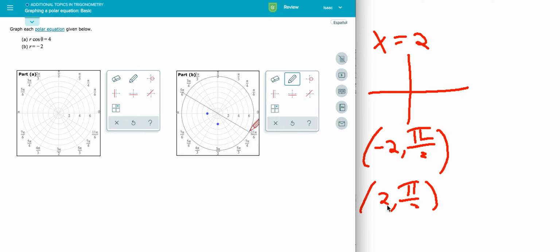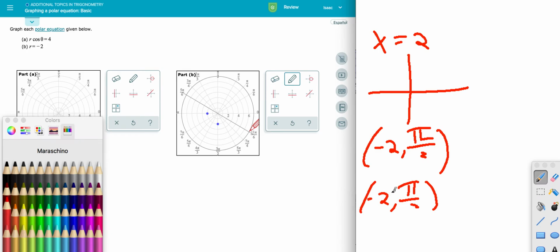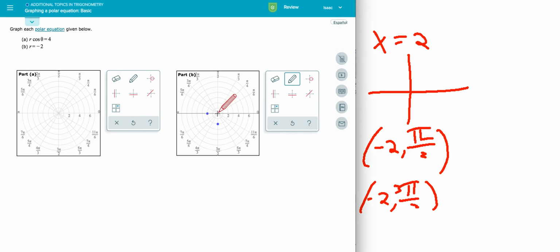But we could also plot this point as (2, 3 pi over 2). 3 pi over 2 is down this way, but -2 means we go the opposite direction. It's probably pretty confusing what's happening. The negative sign just means you go the opposite direction of whatever the angle says. But basically, if you see r equals -2, that means put dots wherever r equals 2 as well.